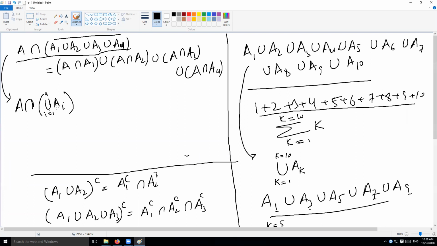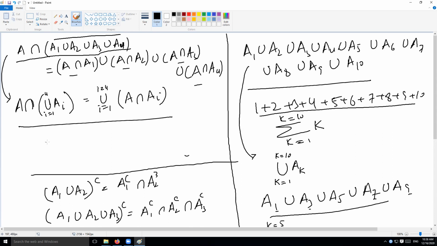So A intersection the union of AIs, where I goes from 1 to 4, is the same as what? How should I write the form of these sets? The union from I equal to 1 to I equal to 4 of A intersection AI. Yes, this is what it is going to be.